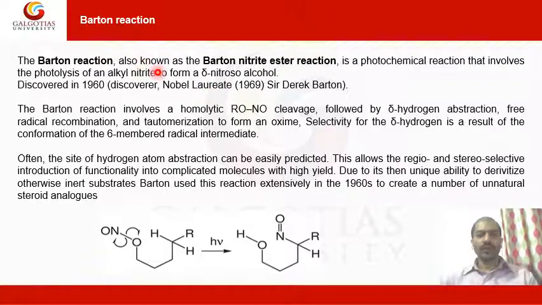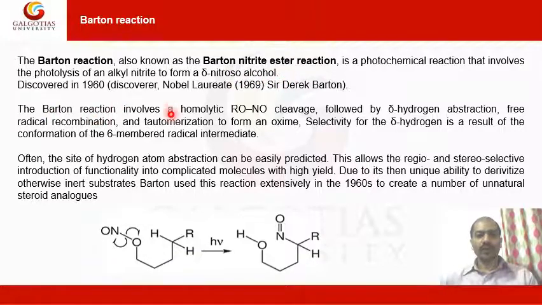Here the Barton reaction is also known as the Barton nitrite ester reaction. It is a photochemical reaction that involves the photolysis of an alkyl nitrite to form a delta nitroso alcohol.